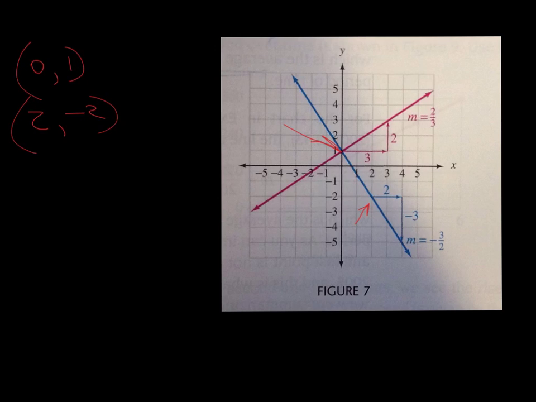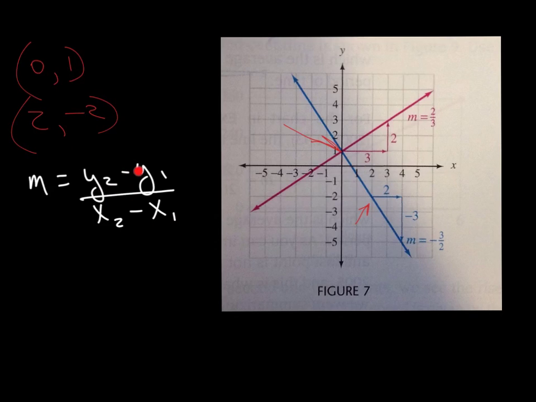Now let me make my pen a little bit bigger here. The way we do that is slope equals one of the y points minus the other y point, over one of the x points minus the other x point. The only reason I have these numbers here, a 2 here and a 1 here, is so I know which ones I'm looking at.